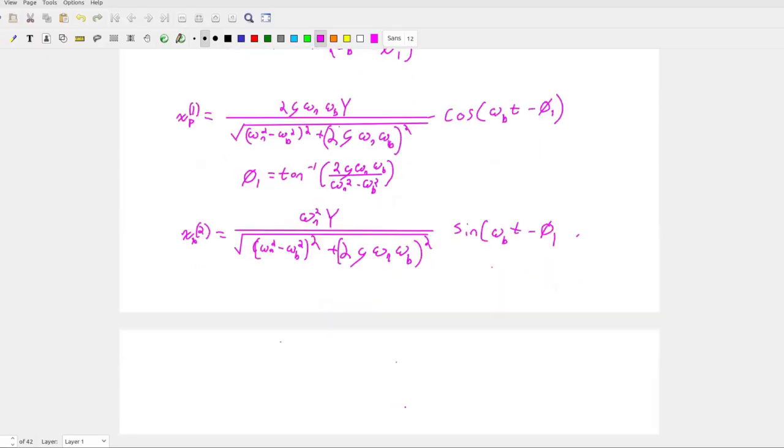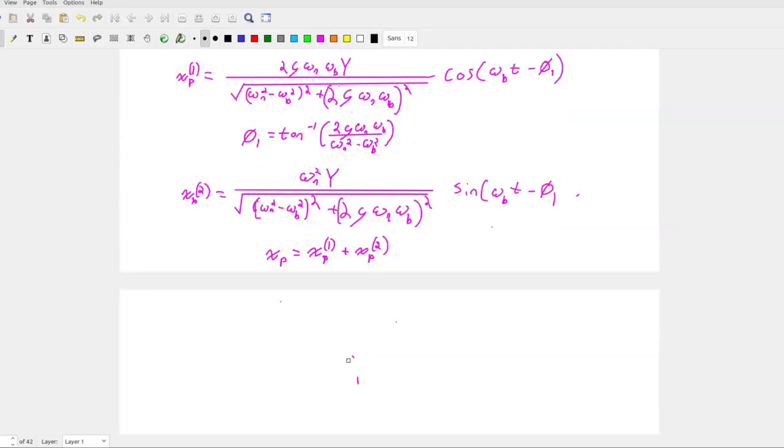Again, we defined our own terms here. So we are the masters of our own destiny. We have x of p is equal to xp of 1 plus xp of 2. I've got a common denominator, so I can use that to combine some terms here.